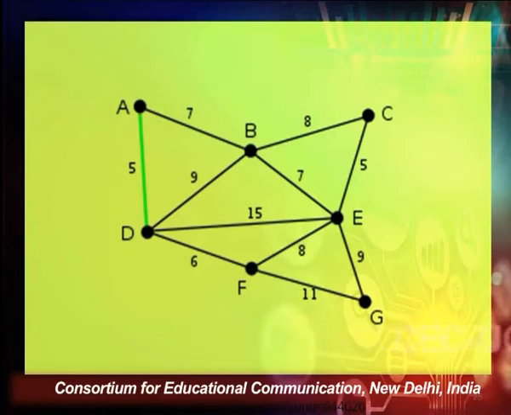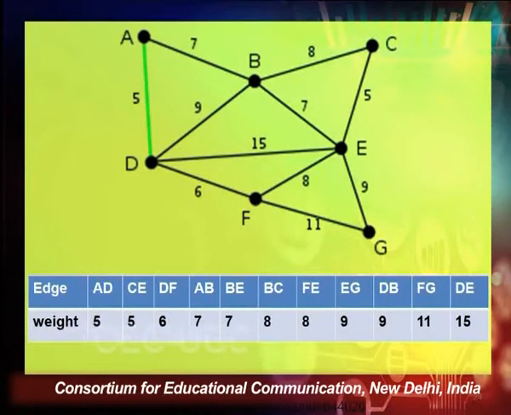Now, apart from that, we will look for the next edge which is the least among all the available options. We have already covered AD and CE. After that we will cover the edge DF in the list, and DF has the weight 6.